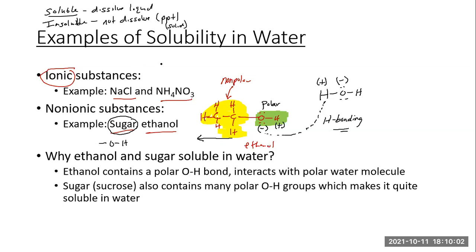Sometimes when we talk about two liquids in each other, if two liquids mix really well with each other, that's sometimes referred to as being miscible. Same thing as being soluble. It all looks like one layer.